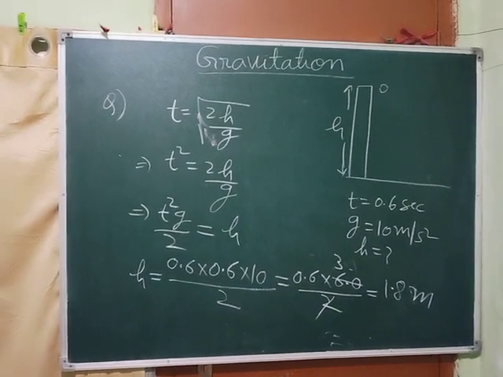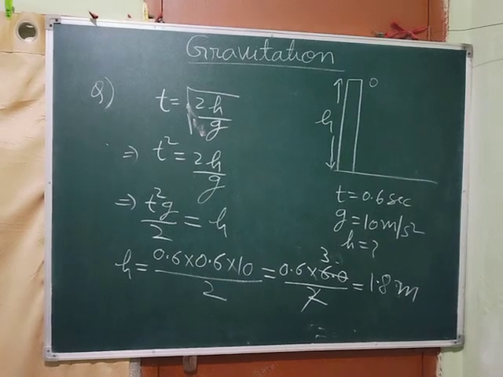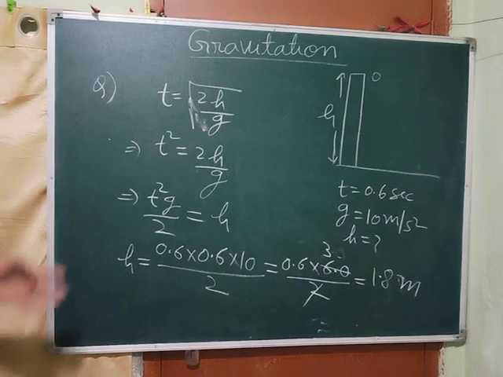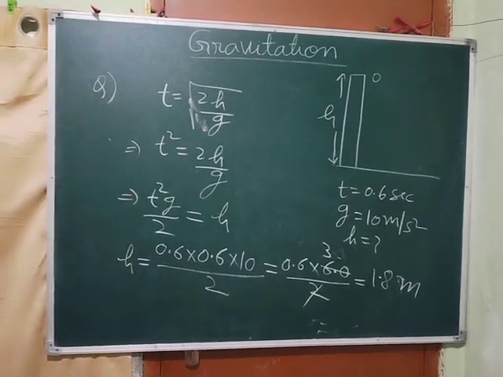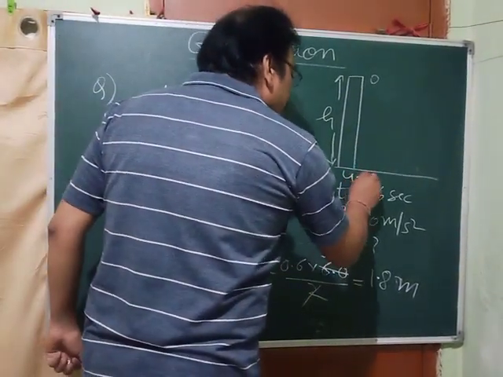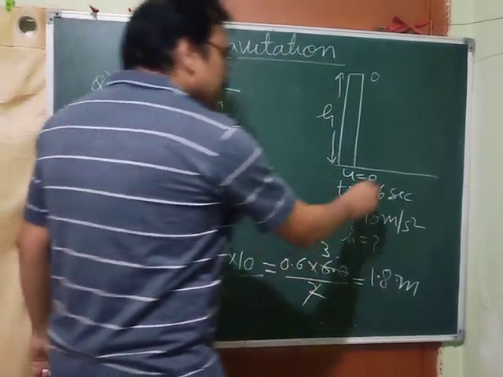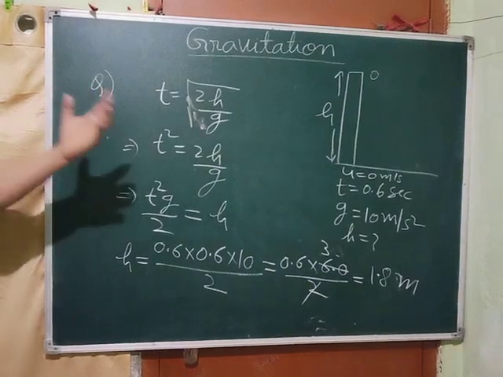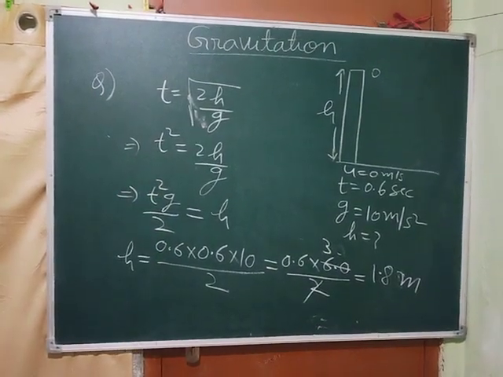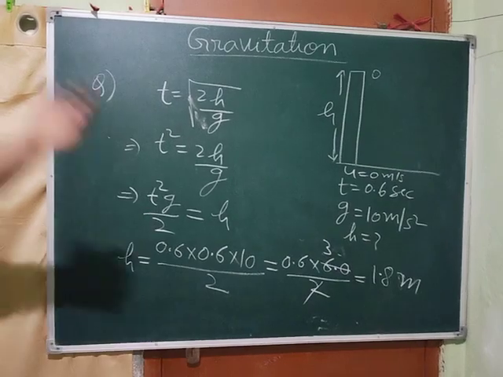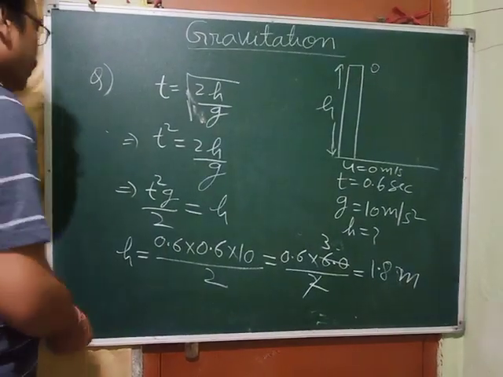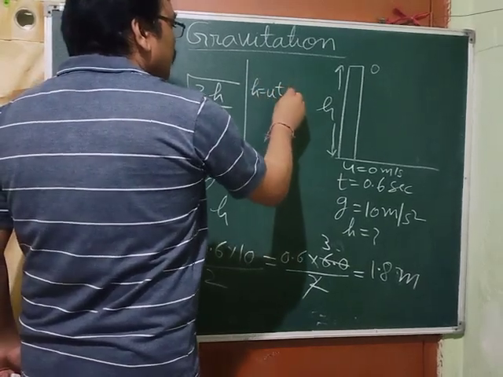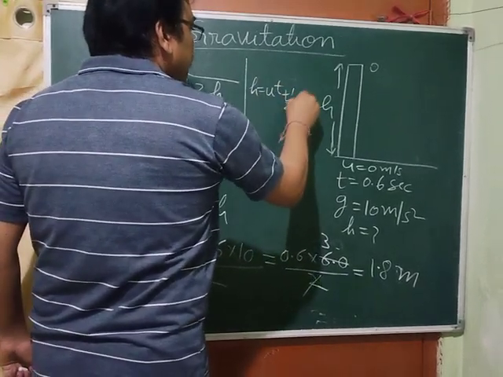In this way you can calculate the answer. You may use that because h you have to find out. And initial velocity when it is dropped, how much is it? It is 0, because when you are dropping something, the velocity is 0 meter per second. So you have got u, you have got acceleration g, you have got t, and you have to find out h. So you may use this formula: h is equal to ut plus half gt square.